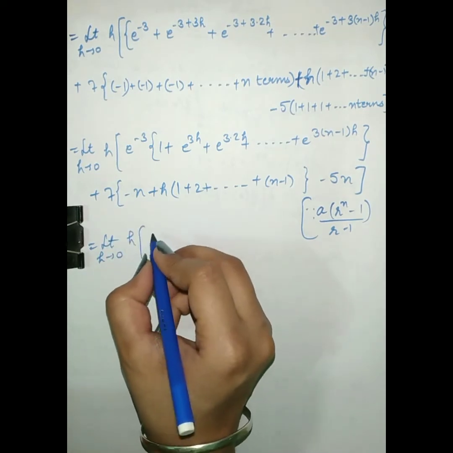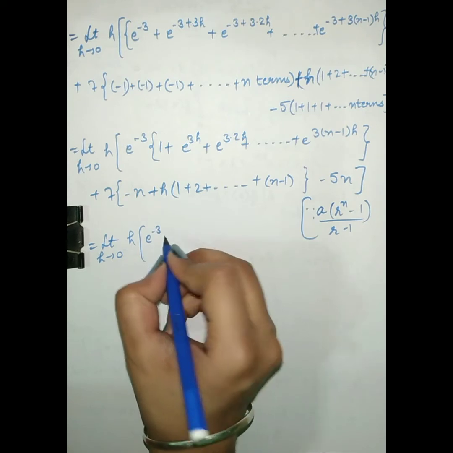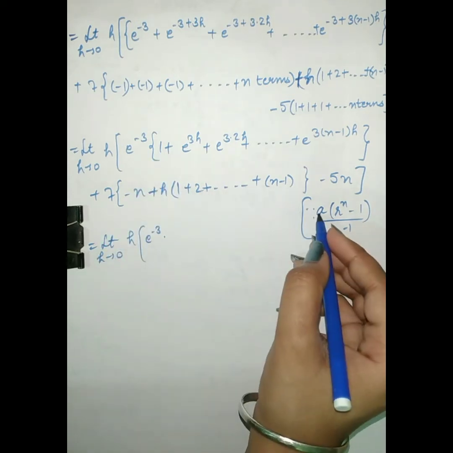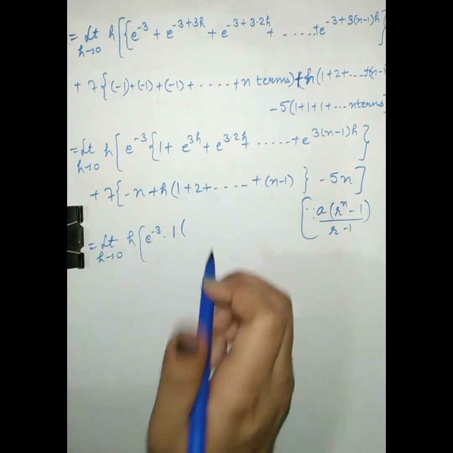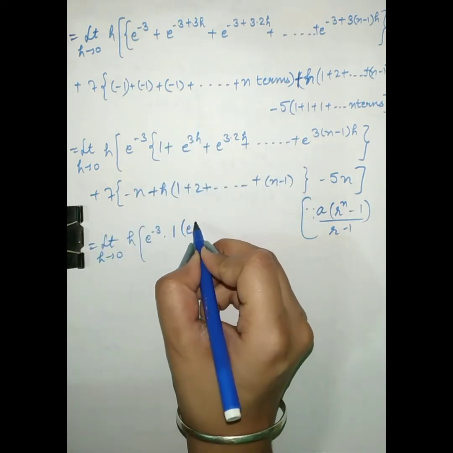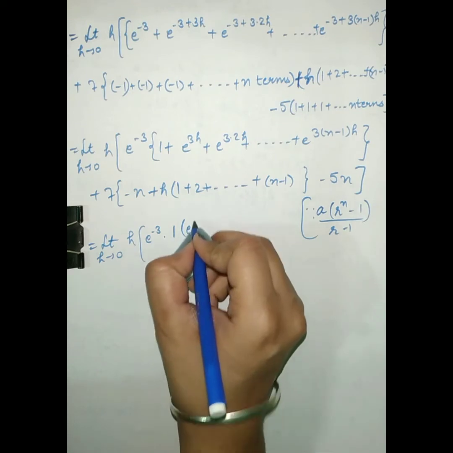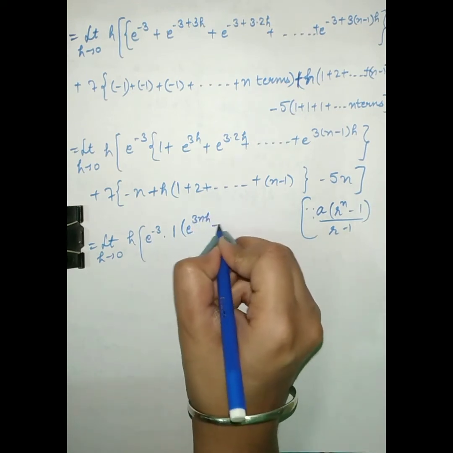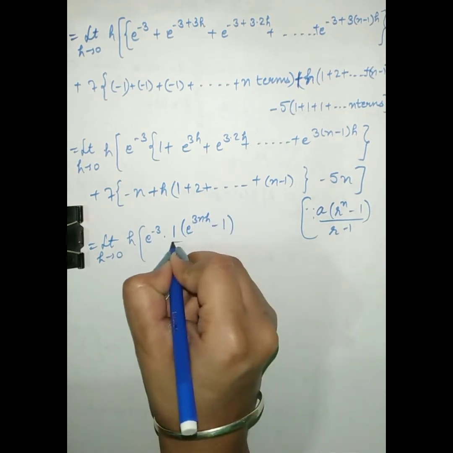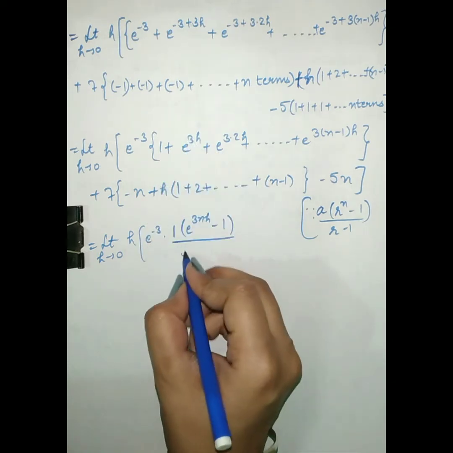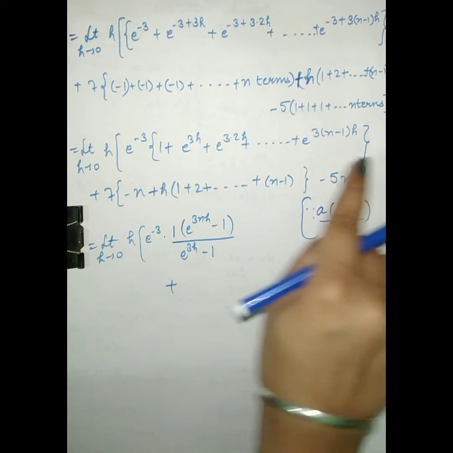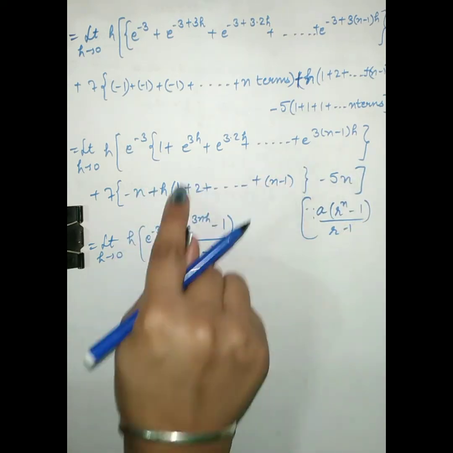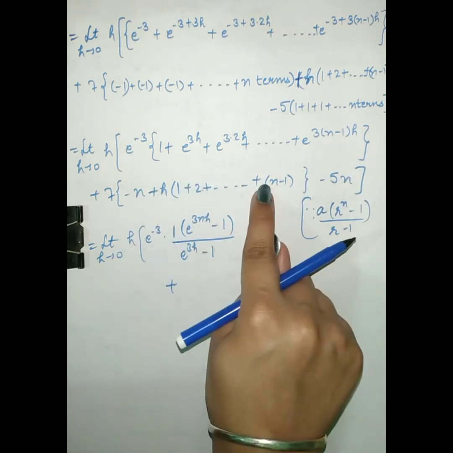By using this formula here, we get the term limit h approaches to 0, h into e raised to the power minus 3, which is multiplied by a, that means 1, into e raised to the power 3h, that means e raised to the power 3. Here will be the n, so we get 3nh minus 1 upon r minus 1, that means e raised to the power 3h minus 1 plus, here we use the formula of 1 plus 2 plus up to n minus 1 terms.